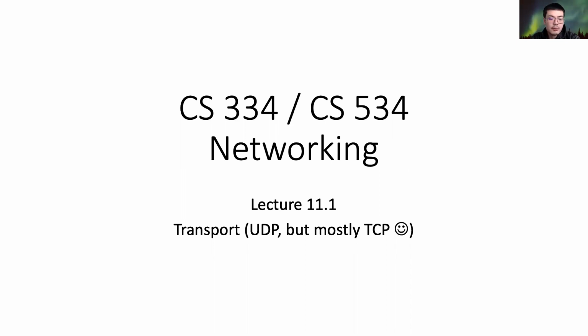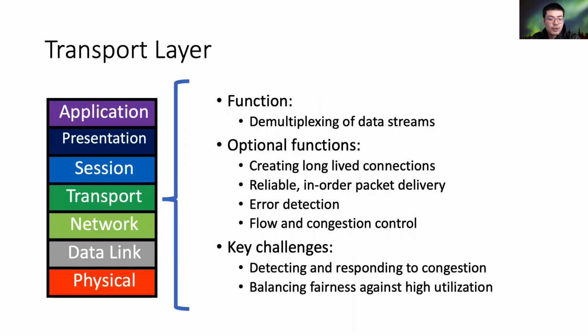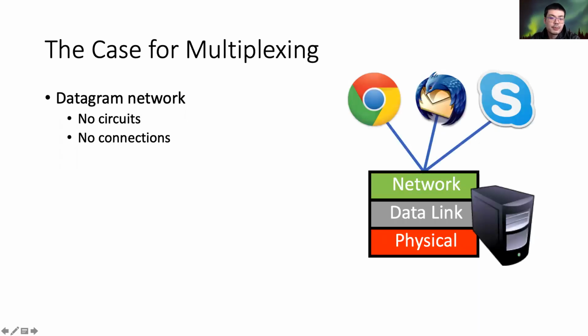All right. Last time we saw that one important task of the transport layer is called demultiplexing. If you have multiple applications on top of your machine, the network layer only cares about how to route the packets, or datagrams, through the network, each individual unit of packets.